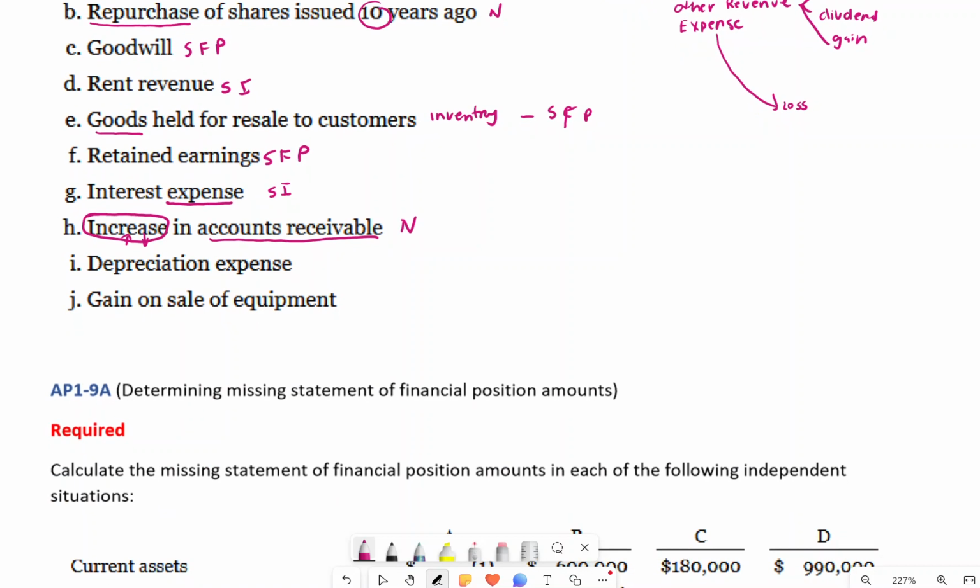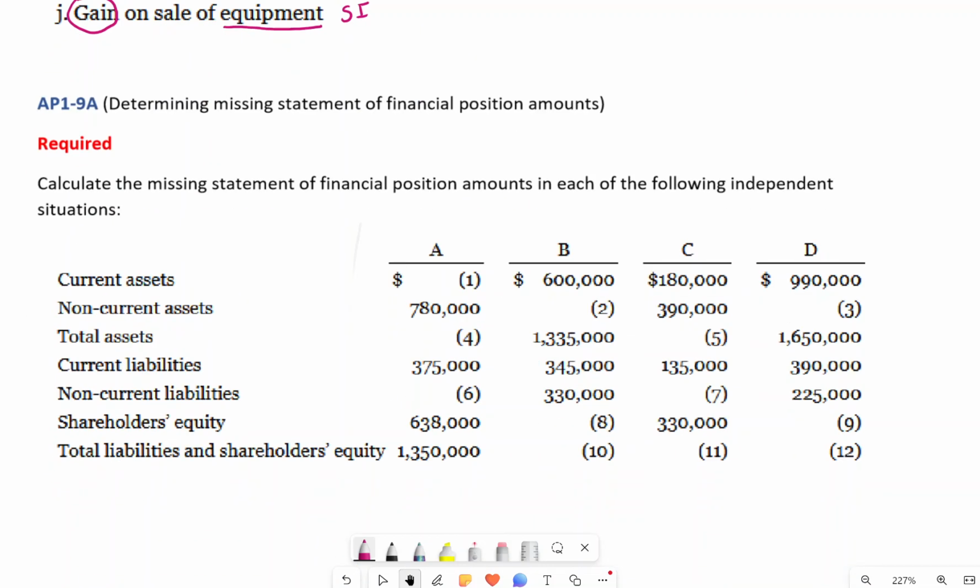Going further, depreciation expense will go on the statement of income. We have a gain on equipment that we sold, and that will be your SI, statement of income. It's treated as other income, whereas expense will be treated as a loss.